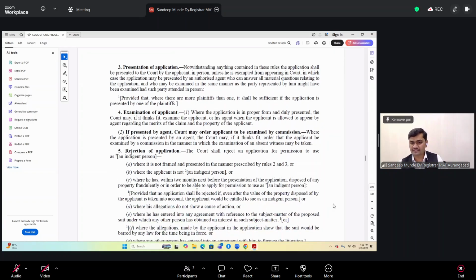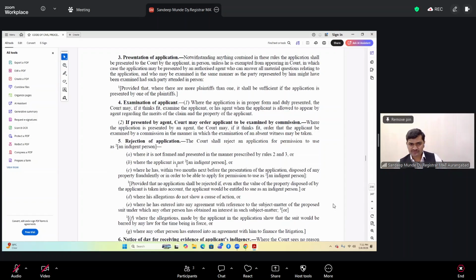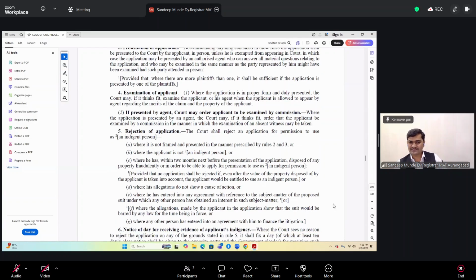Rejection of application. On which grounds does the court have the power to reject the application for permission to sue as an indigent person? When it is not framed and presented in the manner prescribed by Rules 2 and 3; where the applicant is not an indigent person; where he has, within two months next before the presentation of the application, disposed of any property fraudulently or in order to be able to apply for permission to sue.